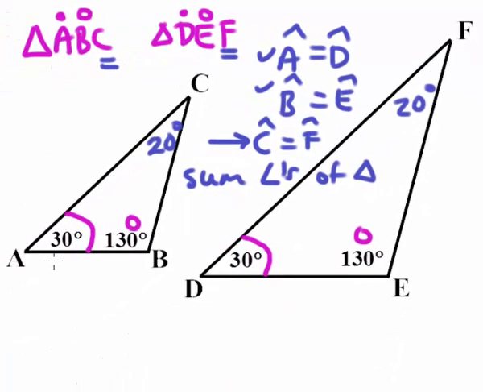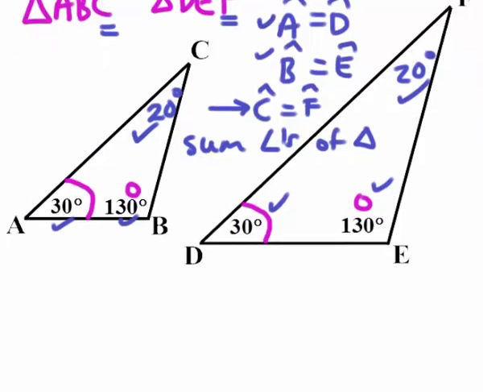So if that's 30 and 130, which is 160, C is forced to be 20. And likewise in the enlargement of triangle ABC, F is forced to be 20. So if you can prove that angle A is D and B is E, then C equals F from the sum of the angles of a triangle.